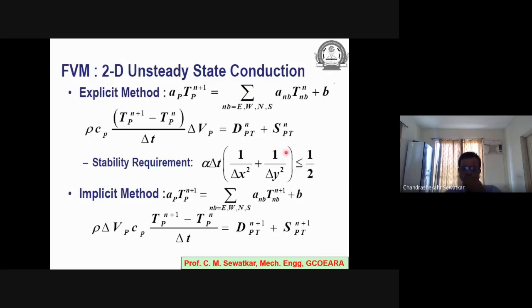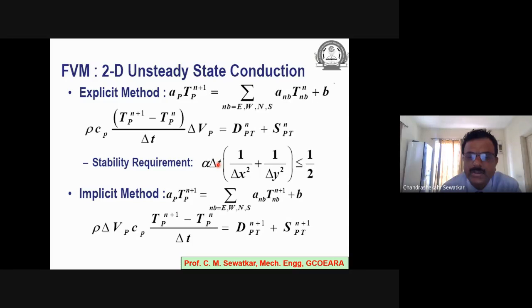What is the implication of this equation? See, if I want the solution at a large number of points, my delta x and delta y will be small. If delta x and delta y become small, the bracket value may increase. In order to reduce that, I need to multiply by a smaller value of delta t, because alpha is a property of a solid which cannot be changed.